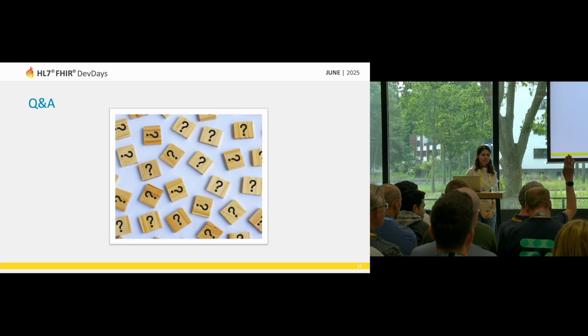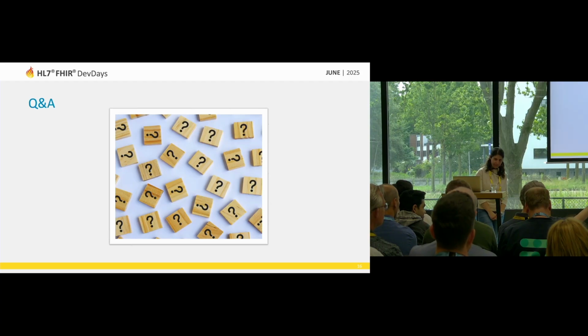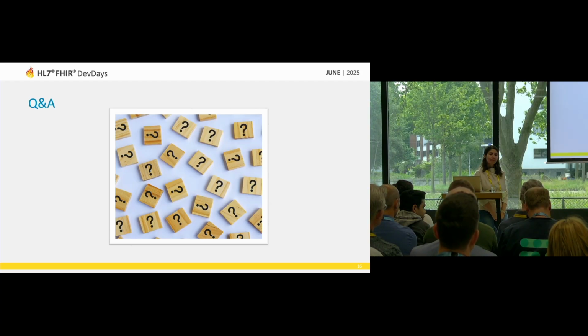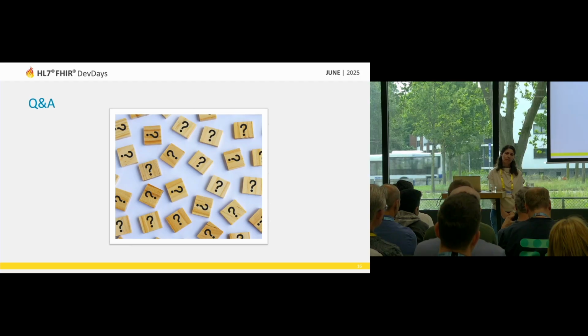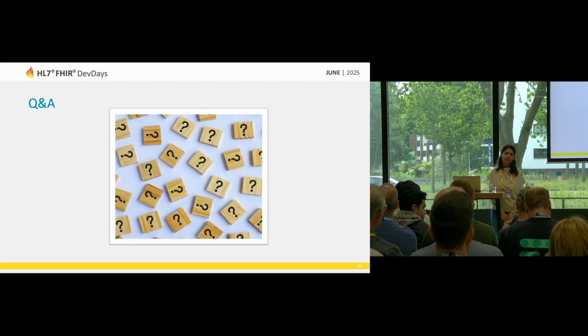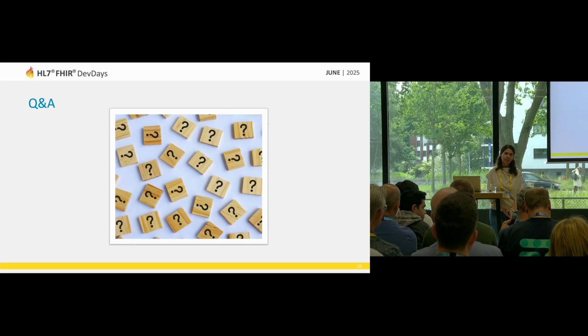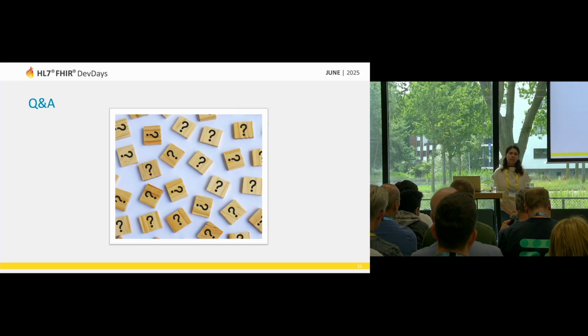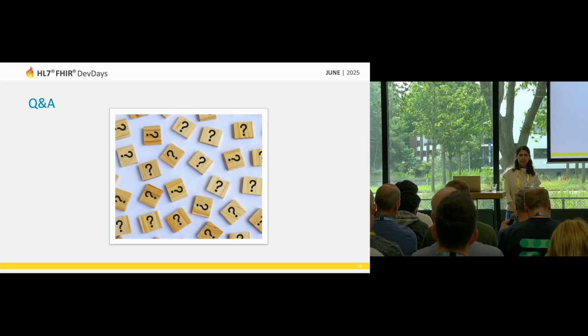There is one. So one thing I noticed when you were talking about the diagnostic report, the way you were suggesting using it seemed to be similar to what I see in the laboratory world, where most of the findings are going to be in observation resources.